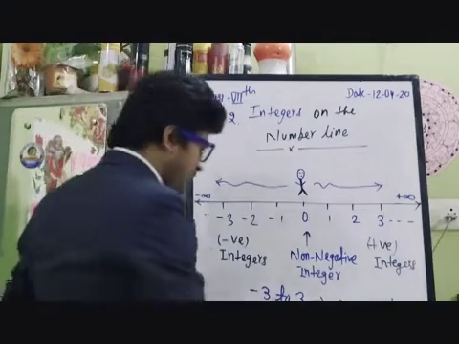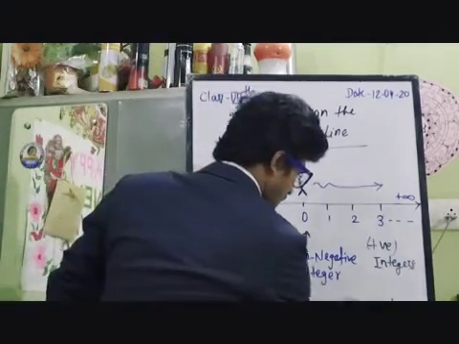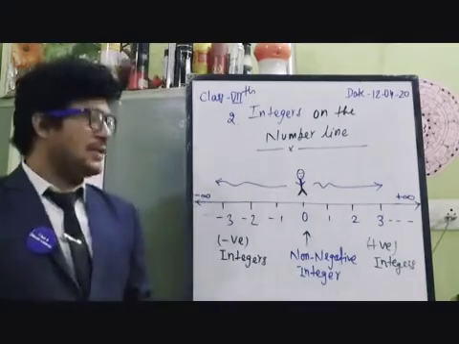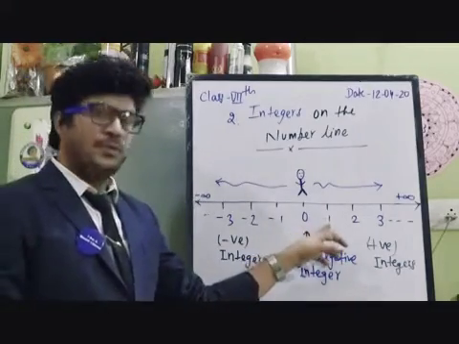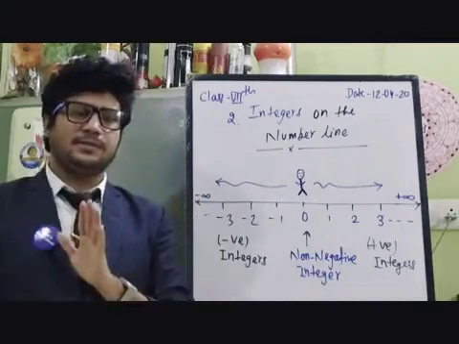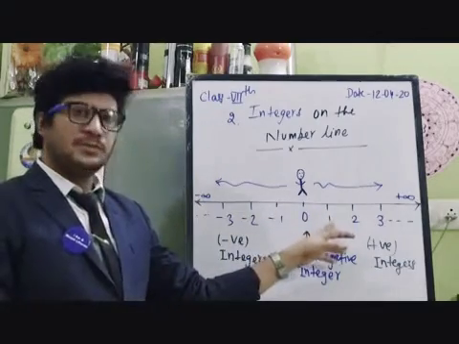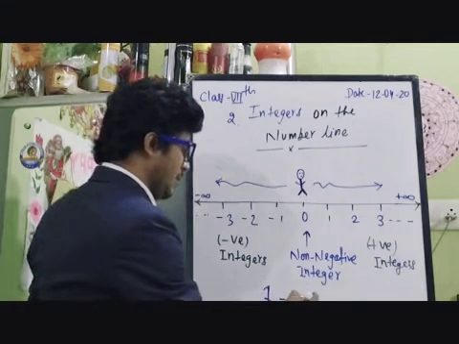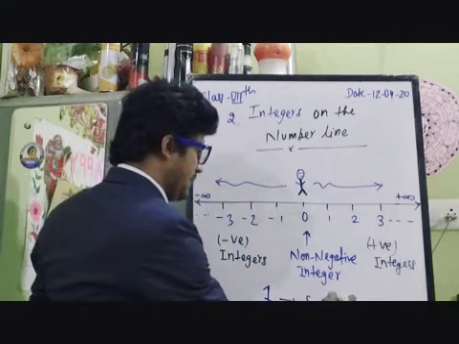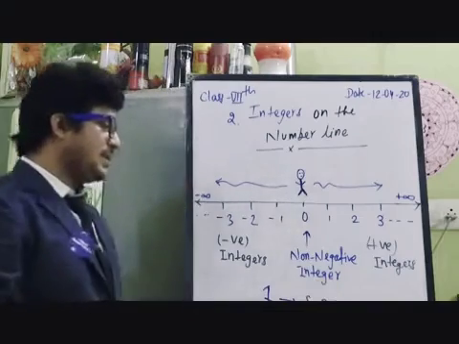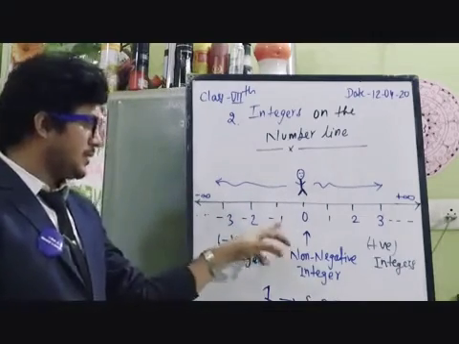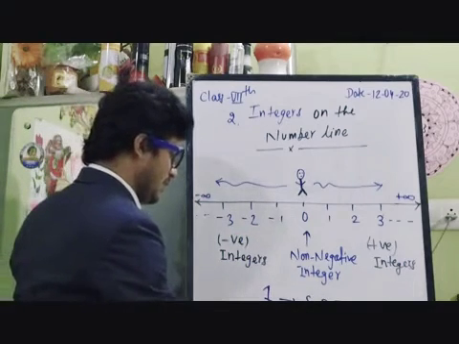You already know, what is the smallest positive integer? The smallest positive integer is 1. What is the greatest negative integer? The greatest negative integer is minus 1.